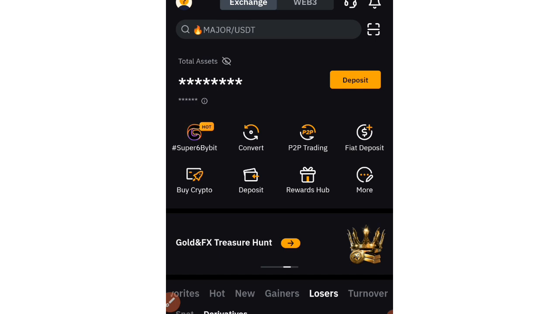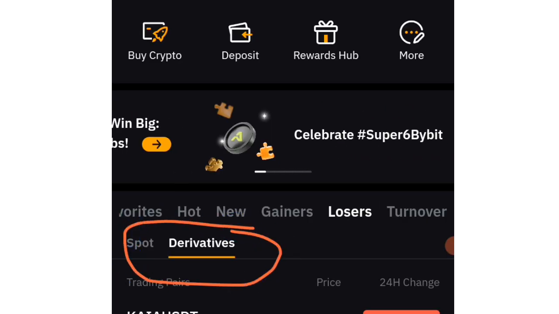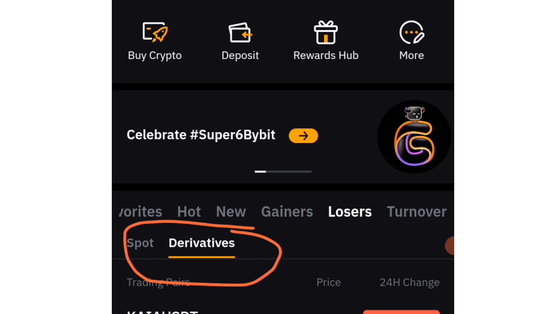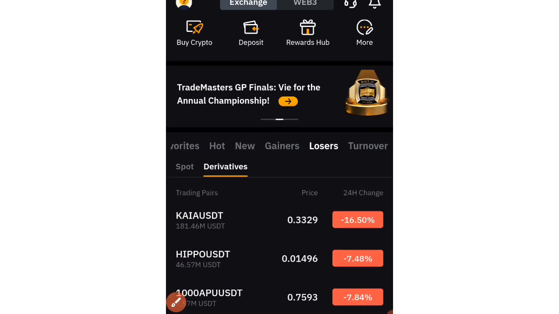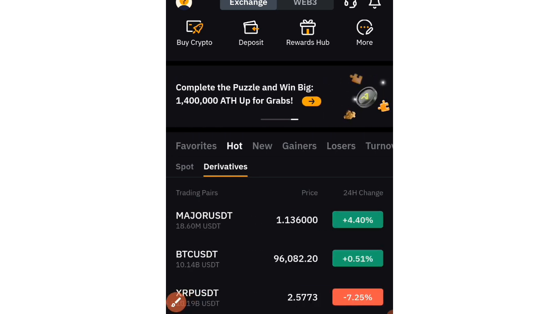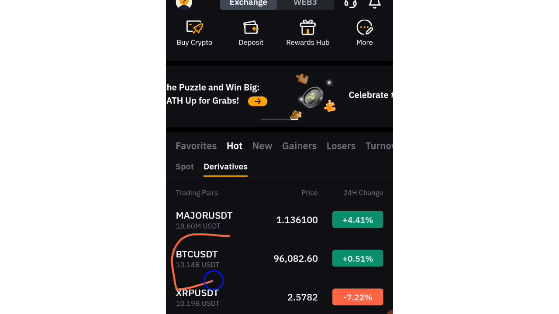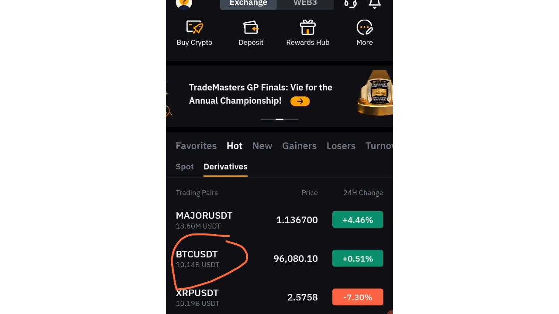Then when you come over here, you see spot and derivative. You have to know the difference between spot and derivative trade. Now when you look at some of these coins, especially BTC, USDT and all of them here under derivative, you see that there is no demarcation between BTC and USDT.